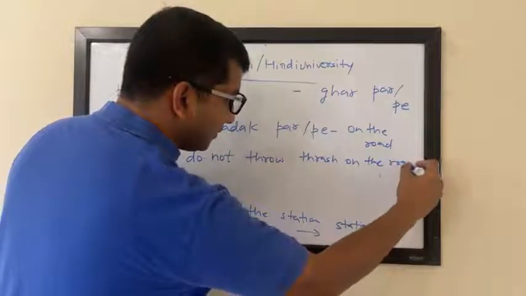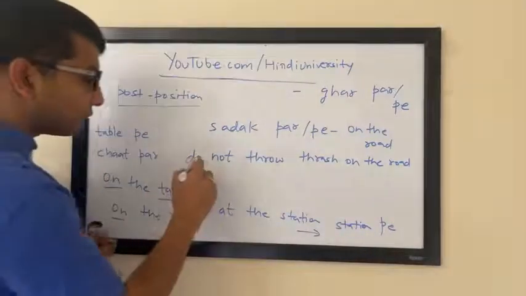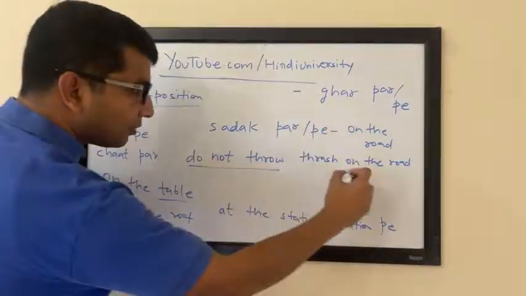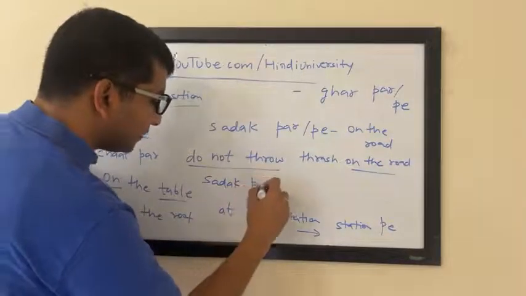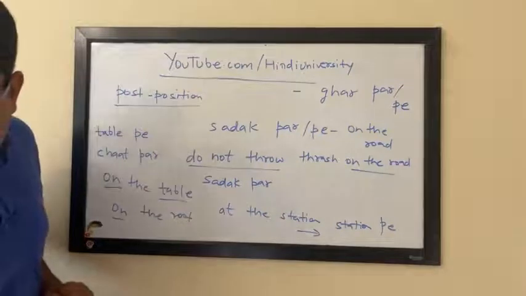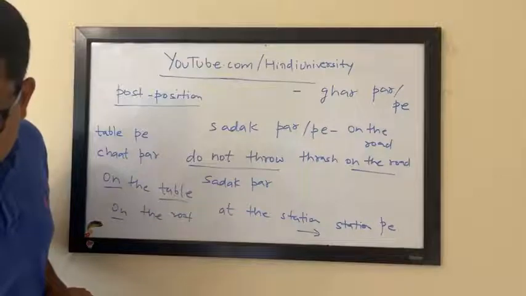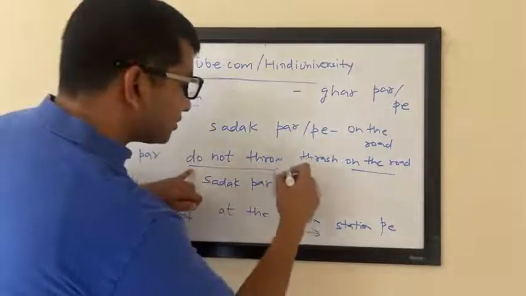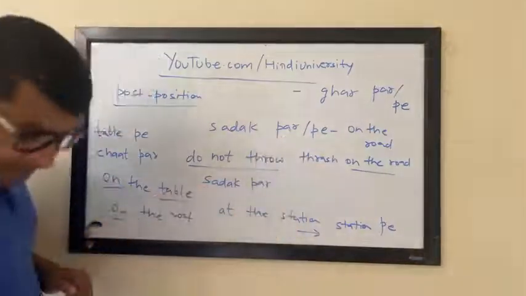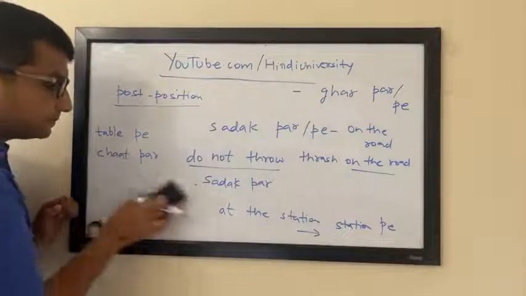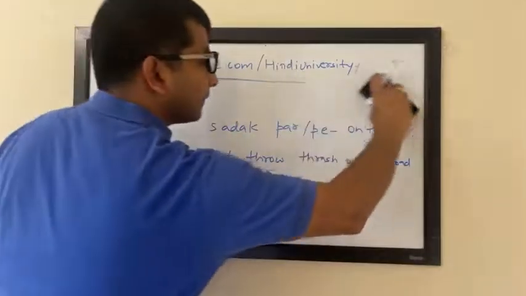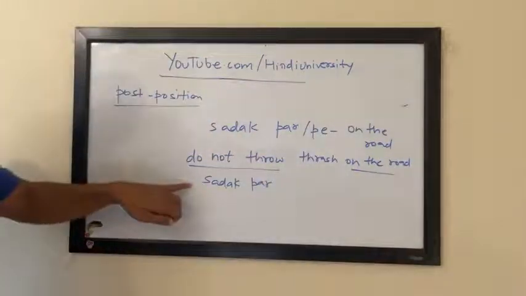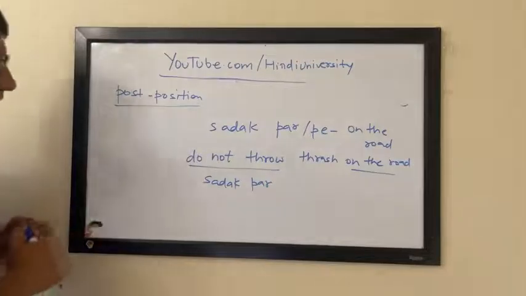It is a little bit imperative as well, right? So do not throw, and sadak, on the road. So you said sadak par. So you have sadak par, and then let's say, how do you say this part?